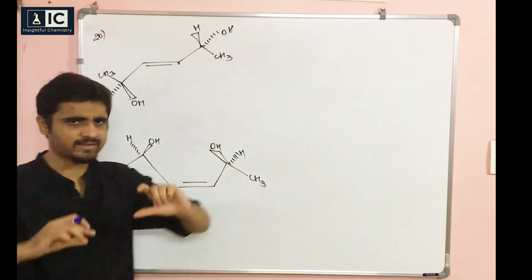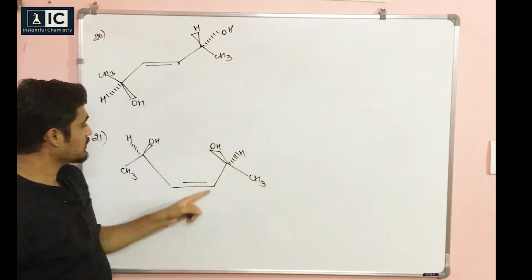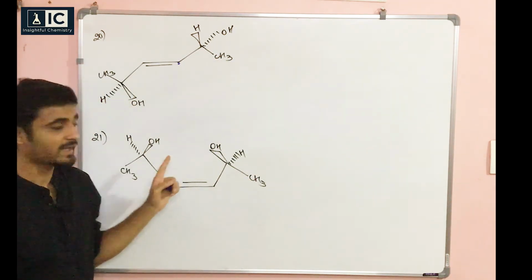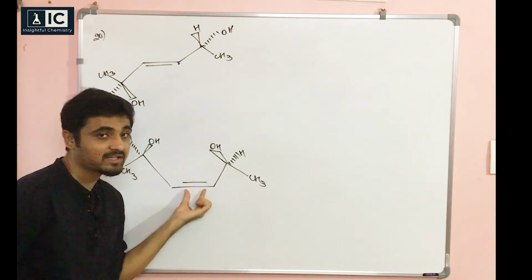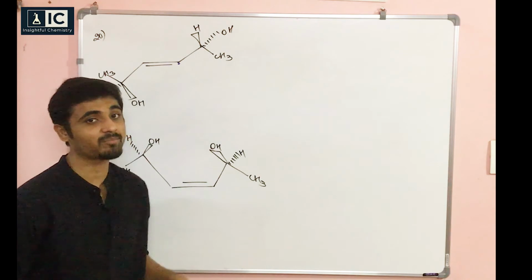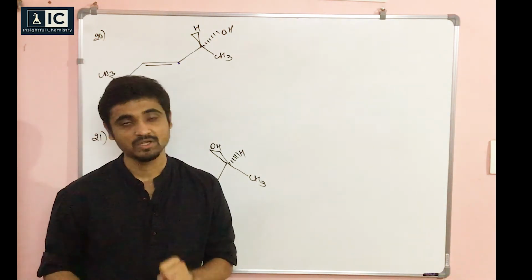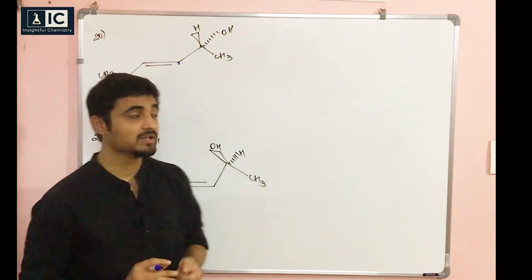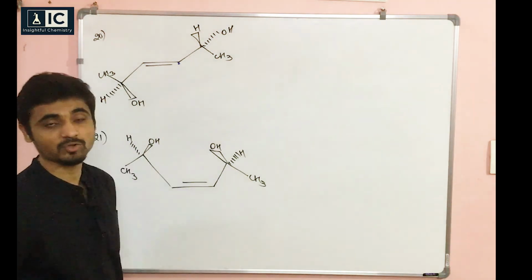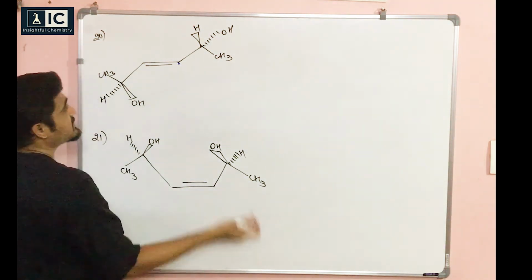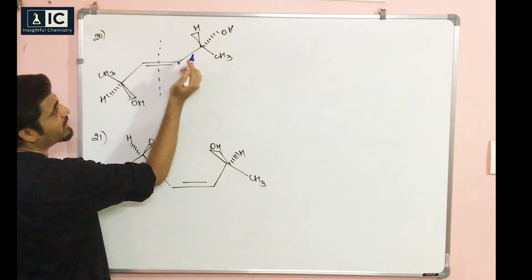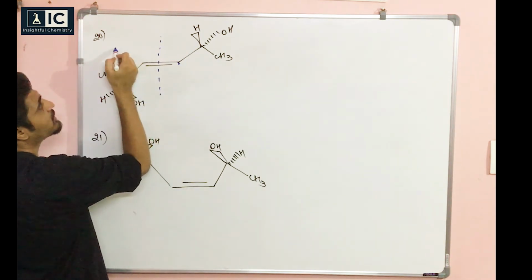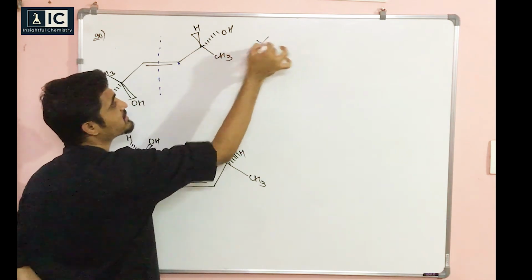If you are feeling that, sir, I'll rotate it, put it down, make it something like this, and then check, you are wrong, because this bond is not for rotation. This is a double bond, restricted rotation. You cannot rotate along that bond. So therefore it is what is given. You can't do anything. So it's very simple. Complexity reduced. So if I try to find a plane of symmetry in front of this carbon, I don't have anything here. So no plane of symmetry.